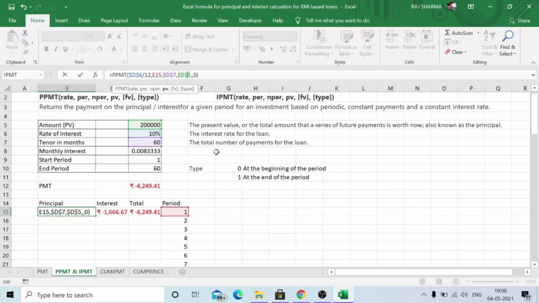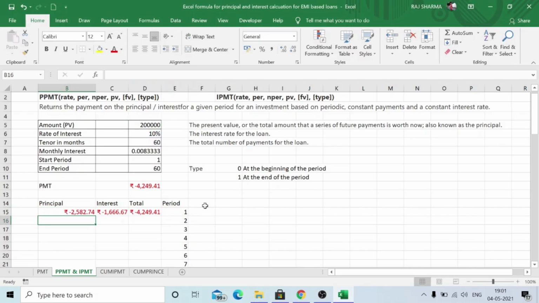So take care to fix the cells which are going to be common, otherwise when you drag it, the formula will not give you the true value. And you have to keep the period as relative because otherwise it will not change, and then enter.